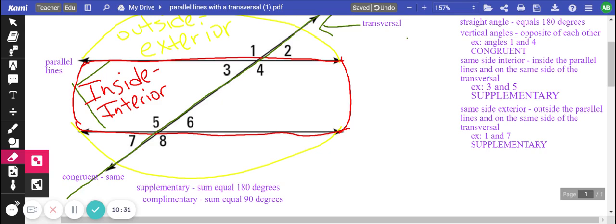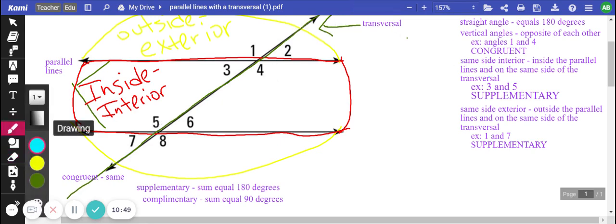Now we're going to have angles that are opposite of each other. If they are opposite of each other, they're opposite on alternate sides of the transversal. So we have 5 and 4.